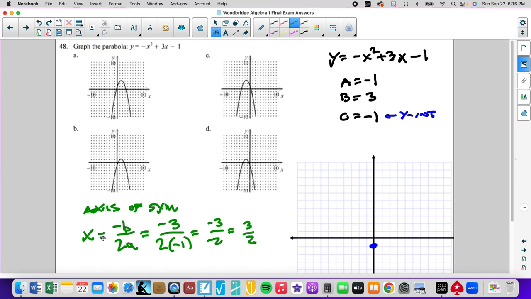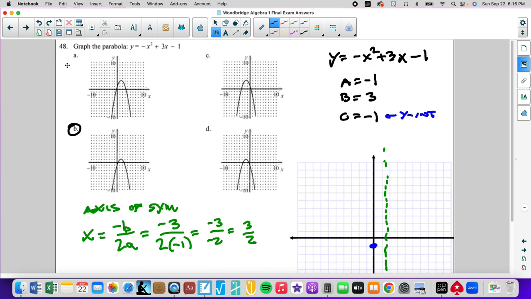So where is x equal to 3 halves? It is right here. That is going to be my axis of symmetry. It produces a symmetrical shape. All parabolas are symmetrical. And we know that is going to be the maximum in this point. So I already know, without doing any more work, that my answer is going to be B.